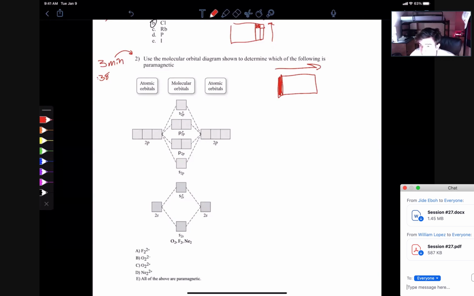Okay. Let's see. So someone said, is this like putting arrows into boxes? That's basically all you do. Yeah. So if you're overwhelmed by this, first, just to warm you guys up, think back to the SI session about electron configurations.